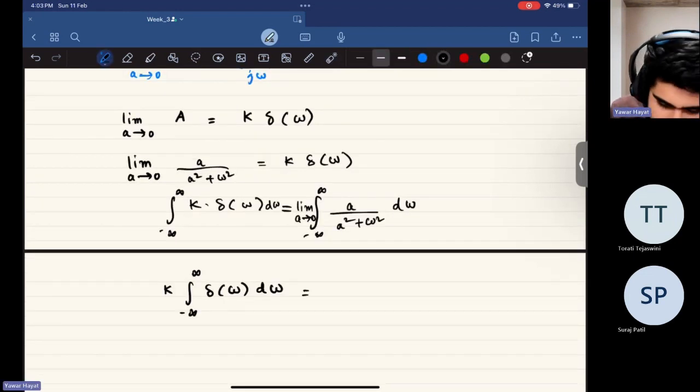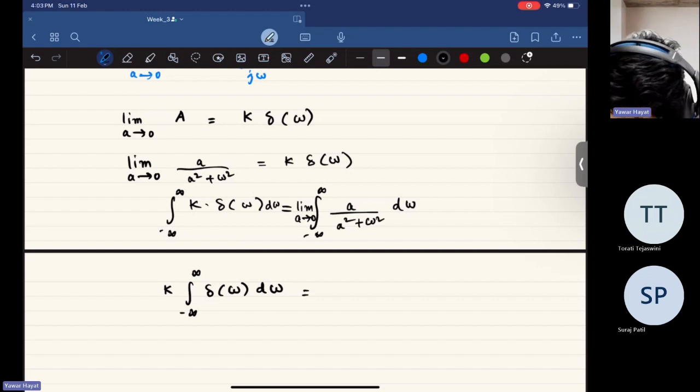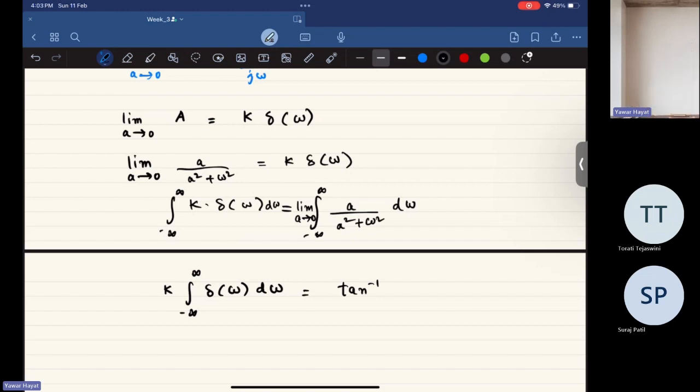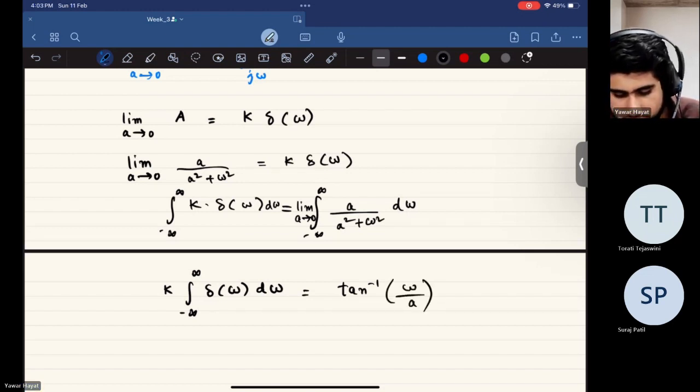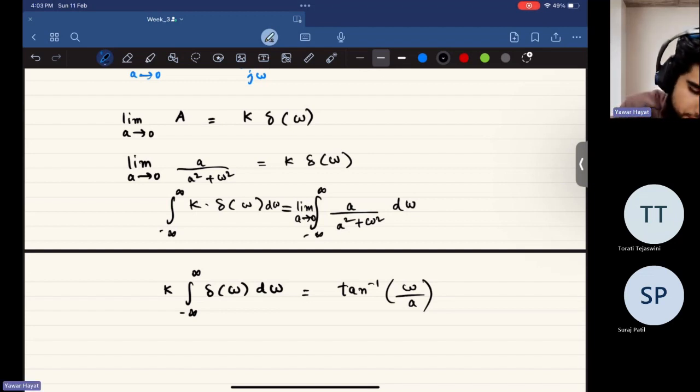And what about the right hand side? We have this a by a square plus omega square. And you realize that it is nothing but this tan inverse of omega by a. What you can do is the following.